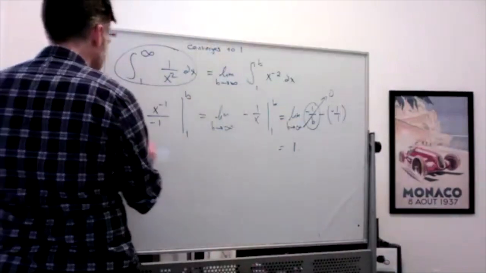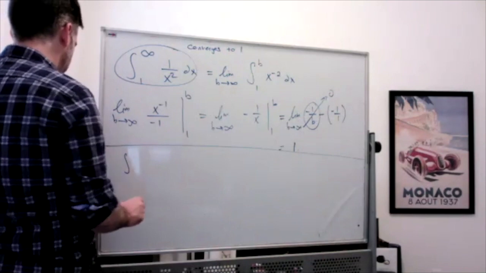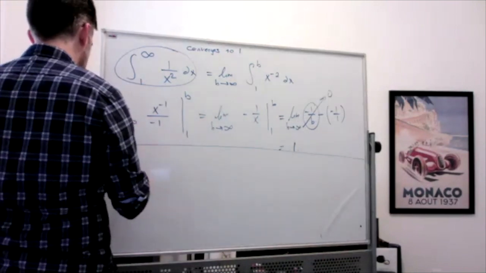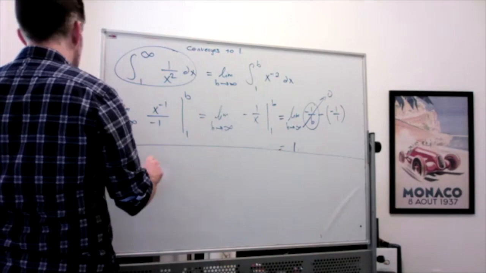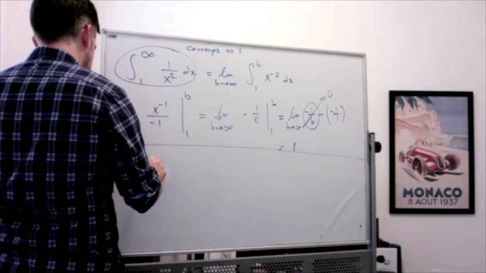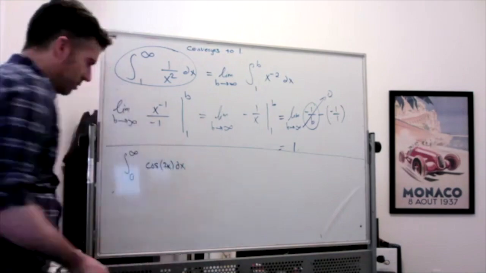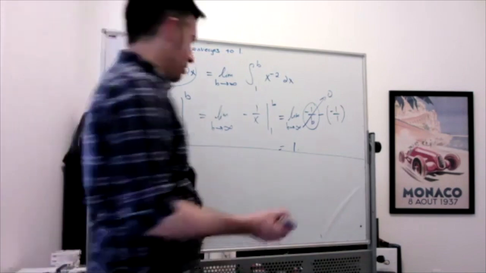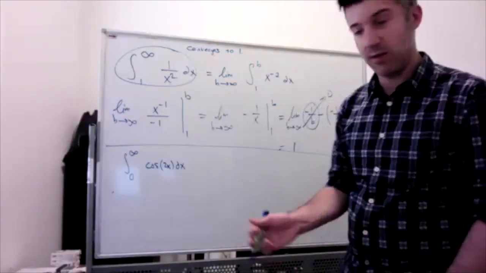For example, what if I wanted to ask, what's the integral from 0 to infinity of, why not, cosine of 2x dx? All right, well, we know how to integrate that, but before we integrate, we need to write a limit.